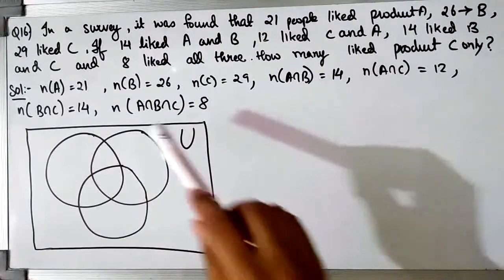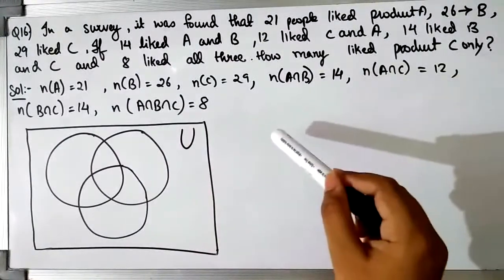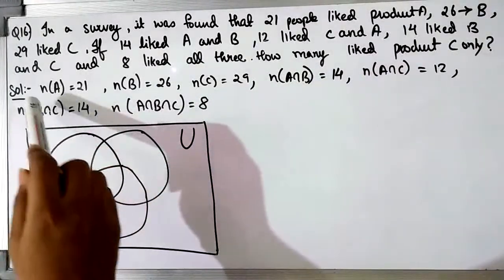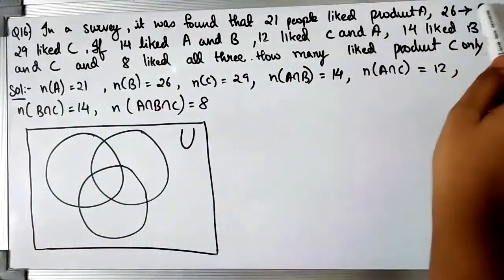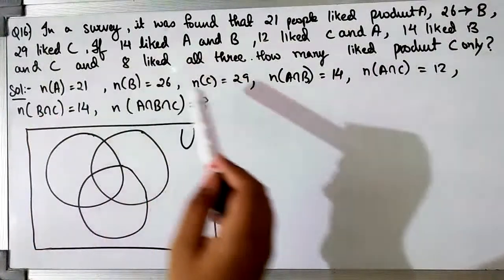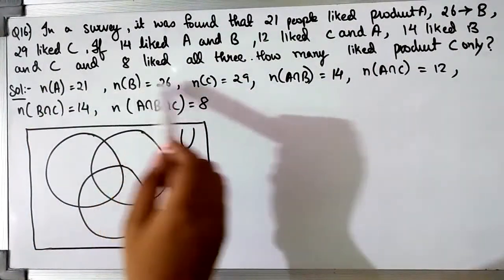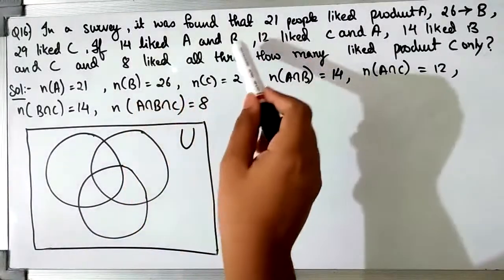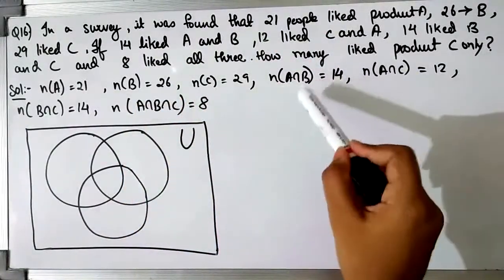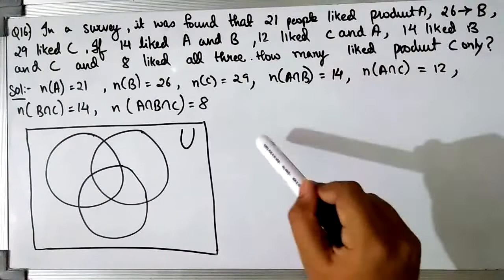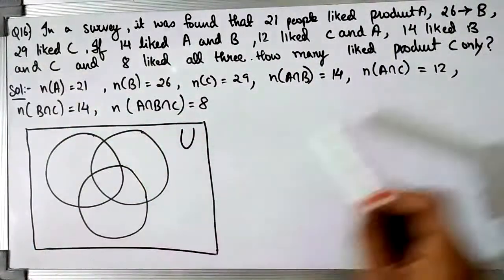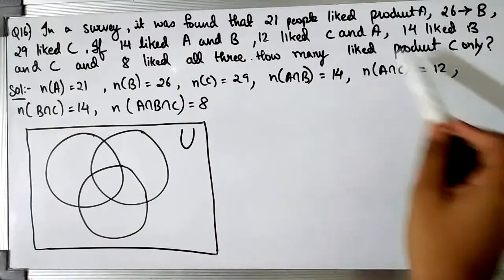So first let's make the list of all the numbers of elements that are given to us. They say 21 liked product A, so the number of people who liked product A is 21. Then 26 liked B, 29 liked C, so the numbers of people who liked B and C are 26 and 29 respectively. Then 14 liked both A and B, so the number of elements of A intersection B is 14. Similarly 12 liked A and C, and 14 liked B and C, so the number of elements of A intersection C is 12.